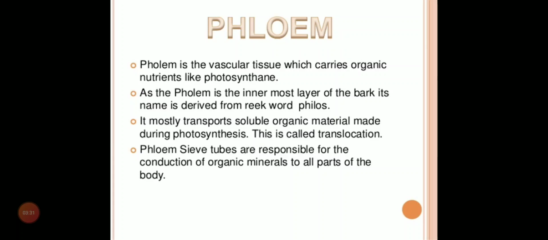Phloem sieve tubes are tube-like structures responsible for the conduction of food to all parts of the plant. These sieve tubes are linked one after the other, and through these tubes food is transported to all parts of the body.